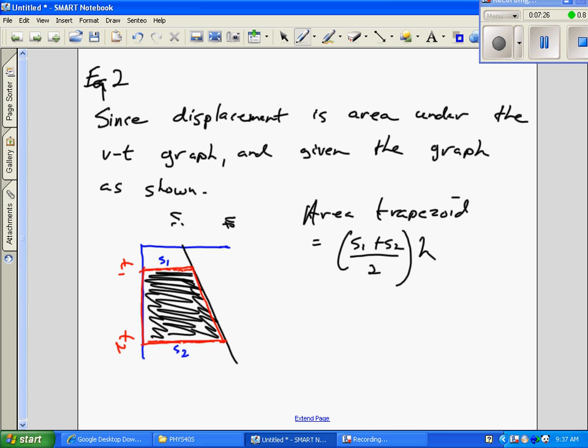And the h in the formula is going to be the height, right there. That's the height of the trapezoid. No, it's not upside down, it's just turned sideways. Okay, so what I'm going to do now is rotate this back.